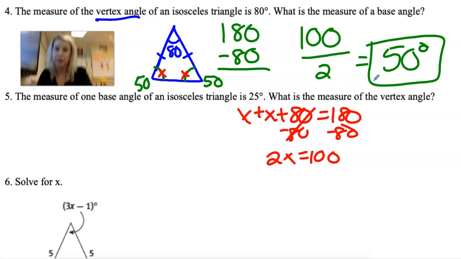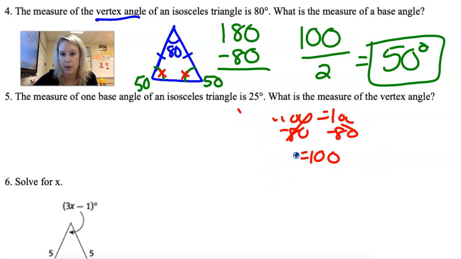So you can pick if you want to do it the algebraic way, or you can use some problem solving skills. If I know the top angle is 80, I'm going to subtract it to see what's remaining, and then I know these have to be the same, so divide it by 2. So if you know the vertex angle and you're finding the bases, you're always going to divide by 2. Okay, all right, I'm going to erase this red real quick.